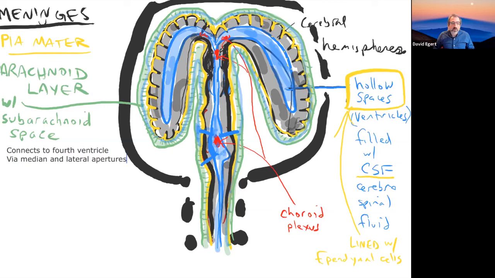You don't need to know the names of the median and lateral apertures. When I took this class, it was the foramen of Magendie and Luschka. Median and lateral apertures allow CSF flow.